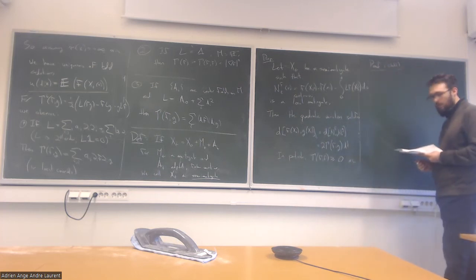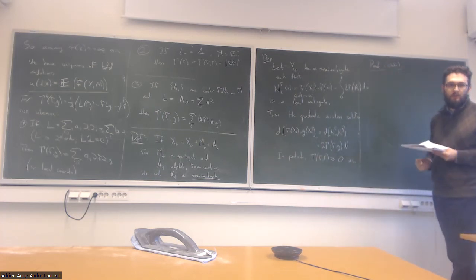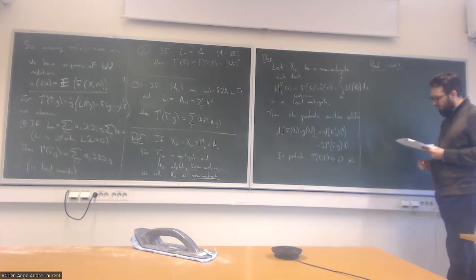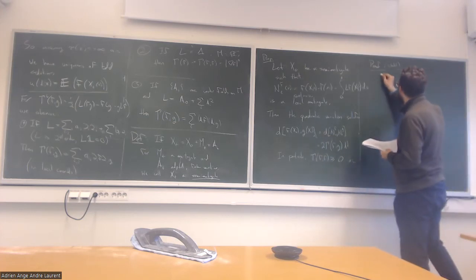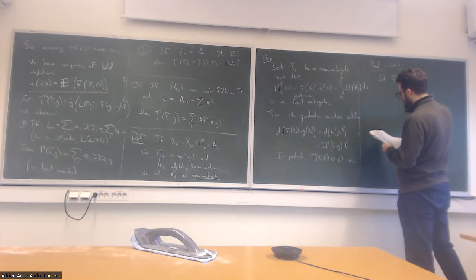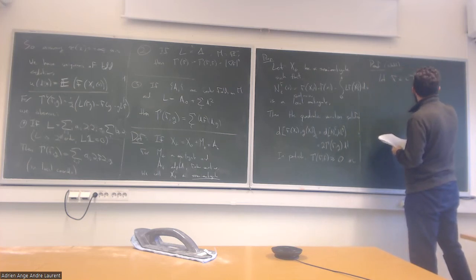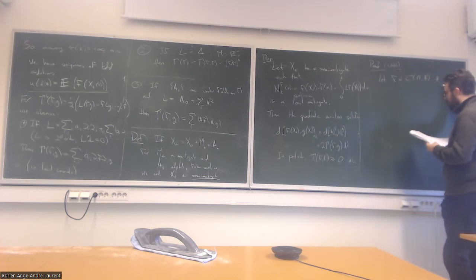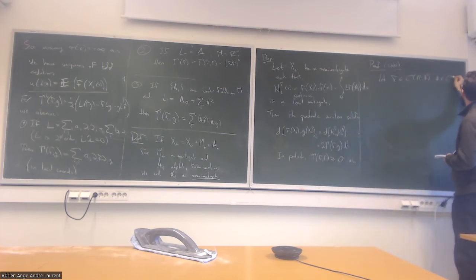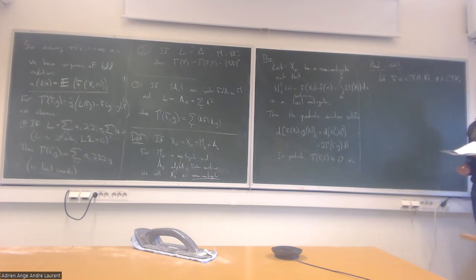So the proof sketch boils down to, surprise, surprise, the stochastic formula. So what we're going to do is take f, the speed function of the manifold, and phi is going to be a smooth function.